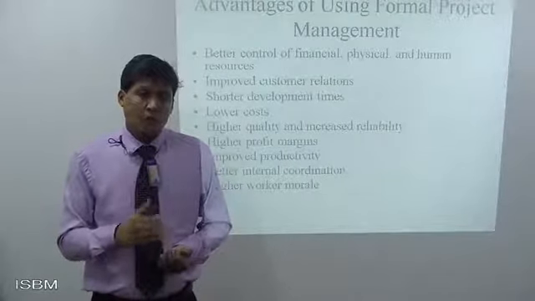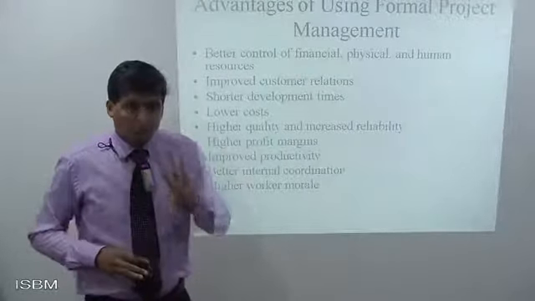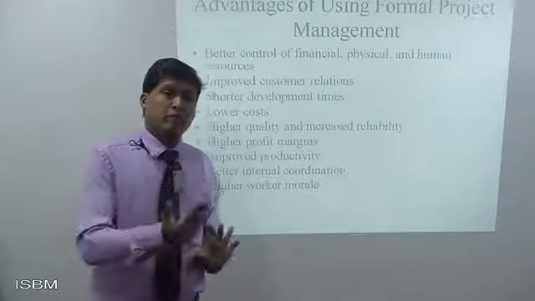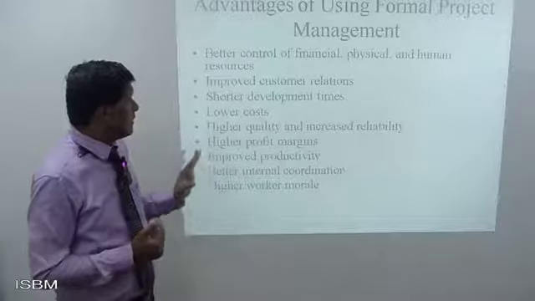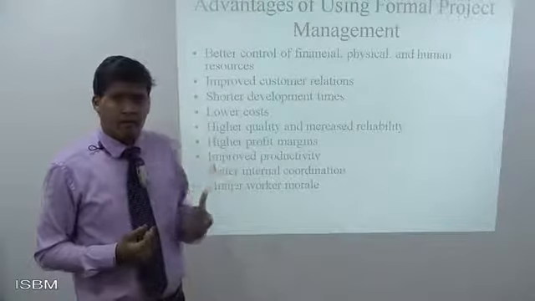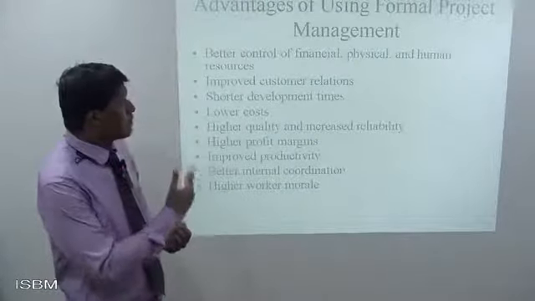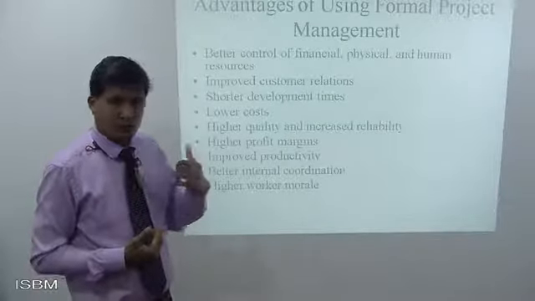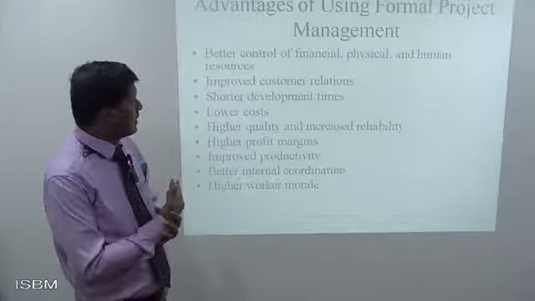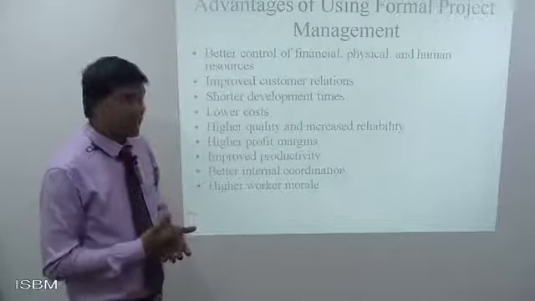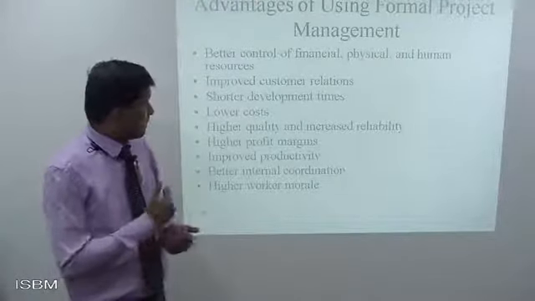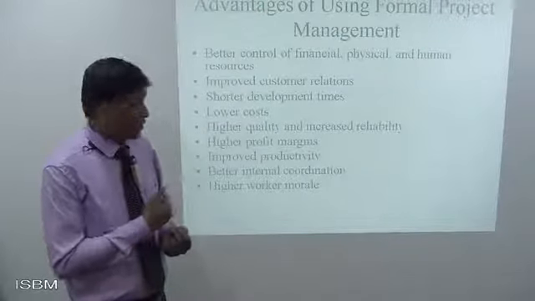So cost, quality, convenience, time are the 4 parameters that project management indirectly affects. If you take them one by one, we'll figure this out. For example, better control of financial and human resources leads to lesser cost. Improved customer relationship, convenience. Shorter development times, time. Lower cost directly implies cost.